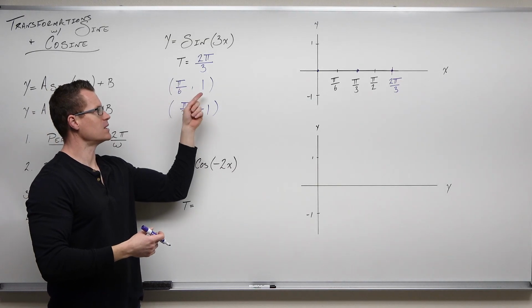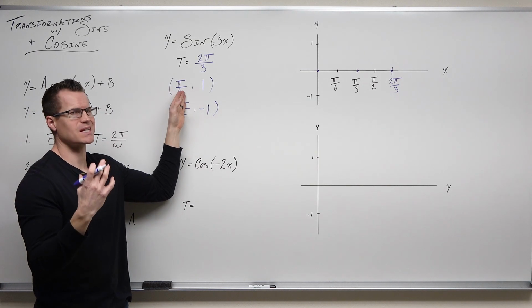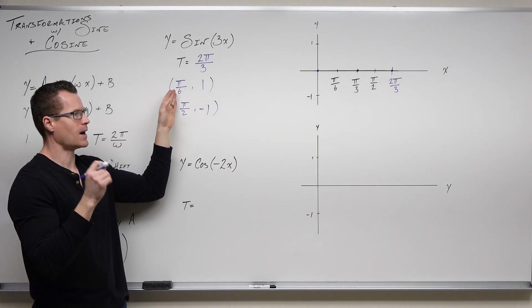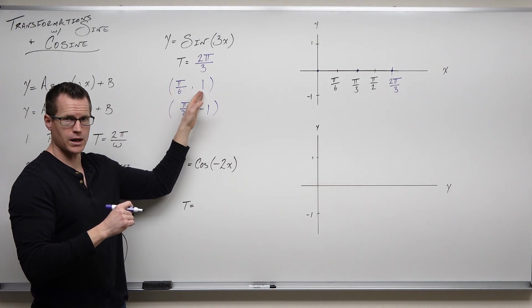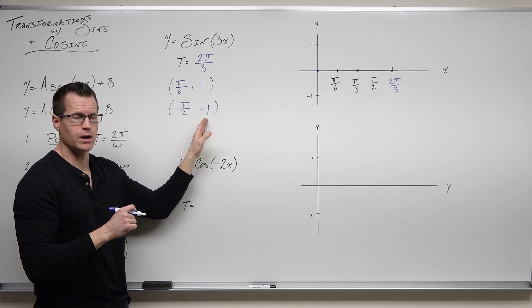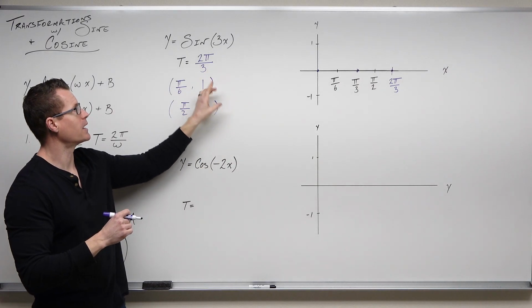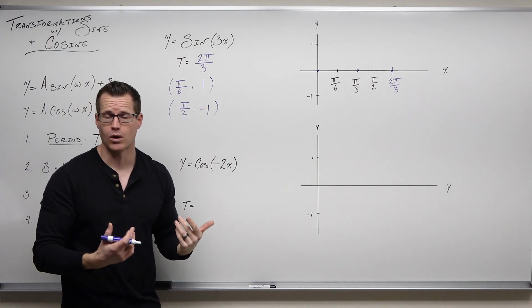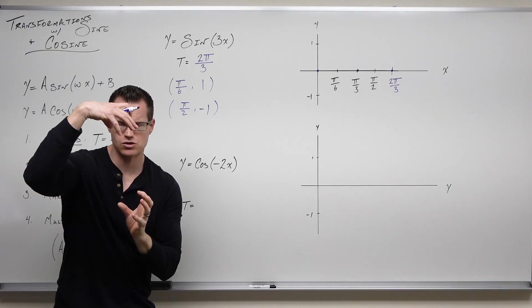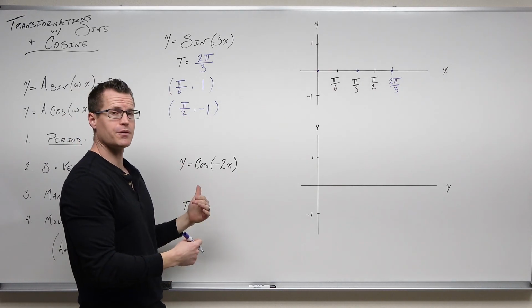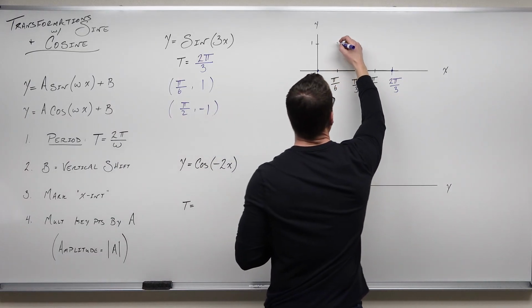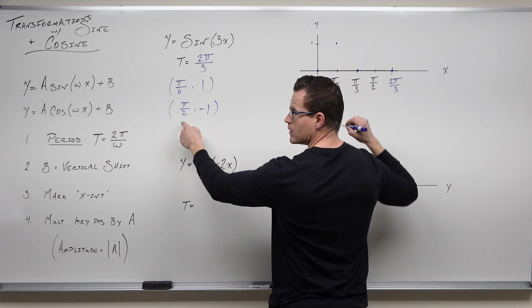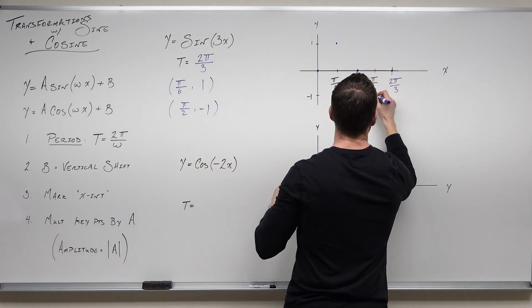So we'd say these are our key points. First quarter, I'm not saying pi over 6 on purpose. First quarter, 1. Third quarter, -1. This is what you'd multiply times whatever's there. In that case, that's just 1. That's not going to move this. It's not going to stretch it, not going to reflect it. So we're going to plot those. Pi over 6, comma 1, or first quarter, comma 1. Third quarter, -1.